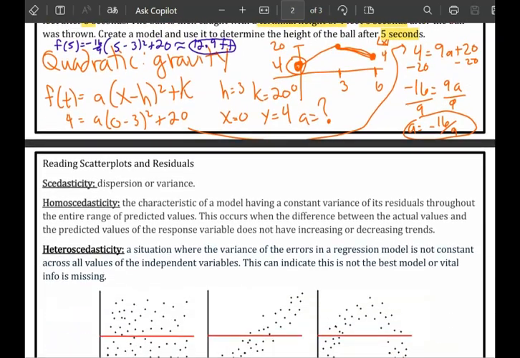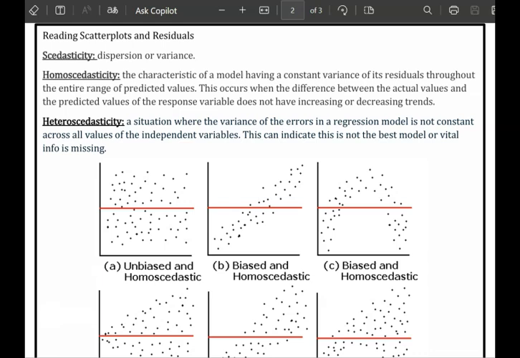Let's look at the next page. Reading scatter plots and residuals. Heteroscedasticity, dispersion or variance. Homoscedasticity, the characteristic of a model having a constant variance of its residuals throughout the entire range of predicted values.